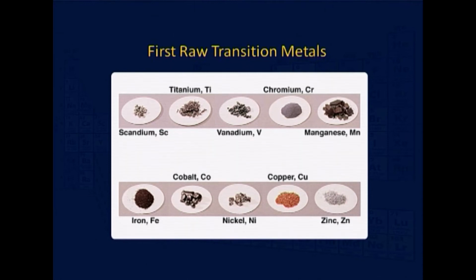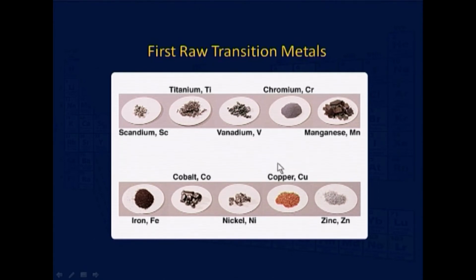This picture gives you the feel of the native metals. In the laboratory you might have seen various compounds of transition elements, but you might not have seen the native state of transition elements.